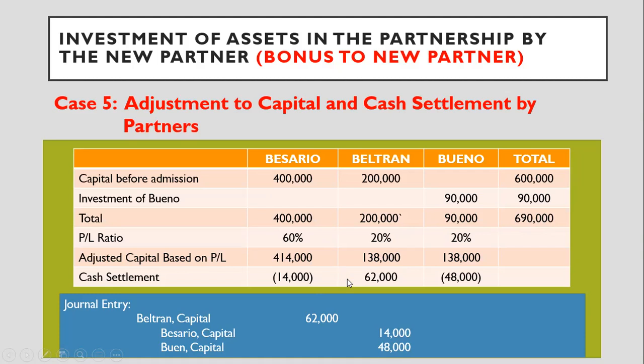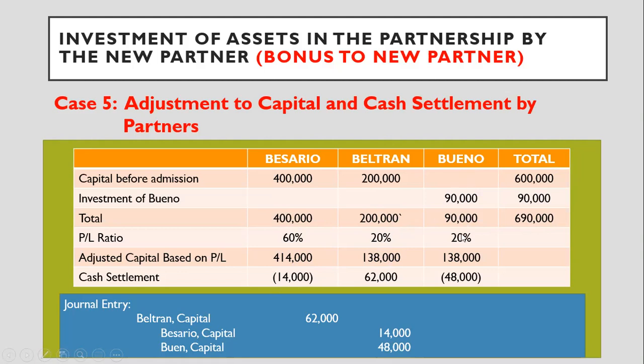Bisario has 400,000 and is supposed to have 414,000, so Bisario needs to invest 14,000 as additional investment. Beltran has 200,000 capital but should have only 138,000, so Beltran should withdraw 62,000.